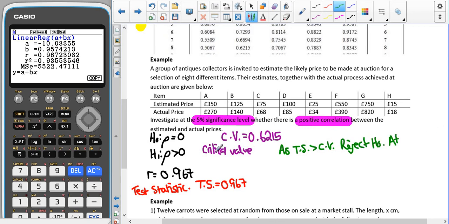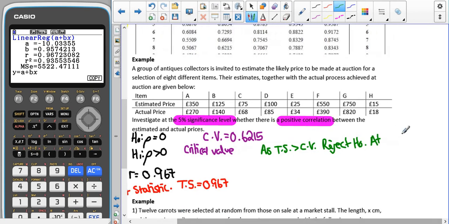We have to state at what significance level we did this. So we did it at a 5% significance level. We have to be careful because in statistics, we never find something for certain. We only find something that suggests.